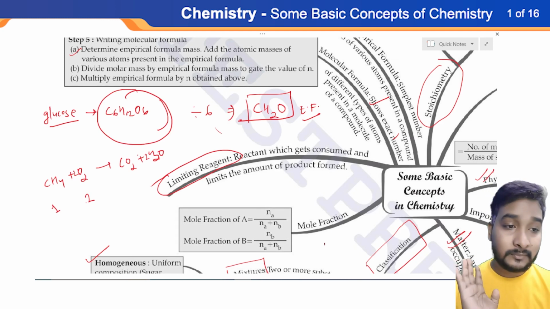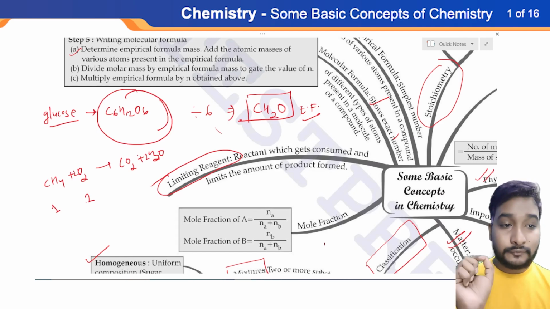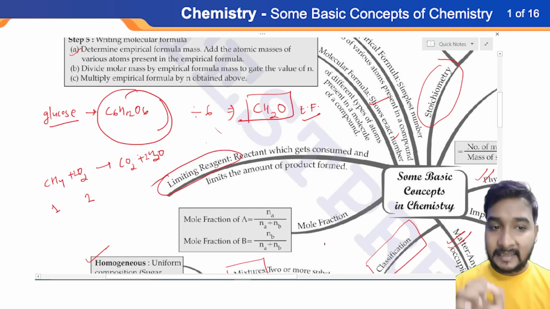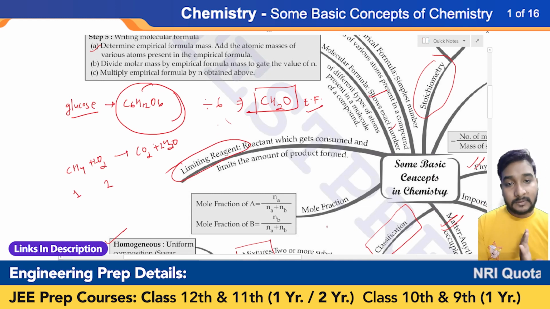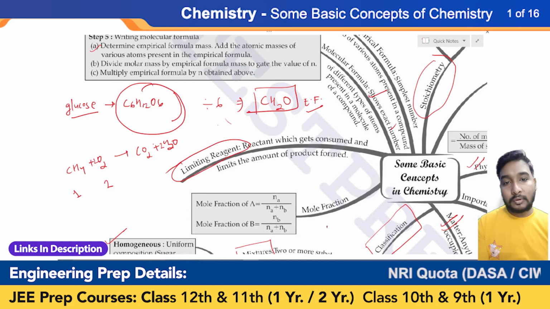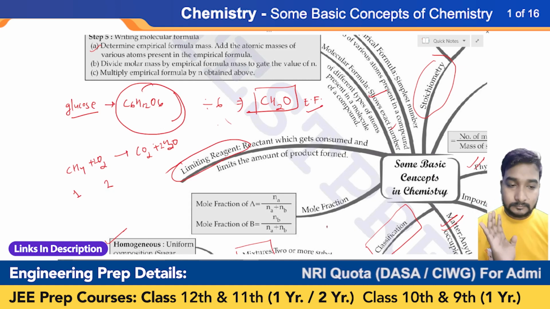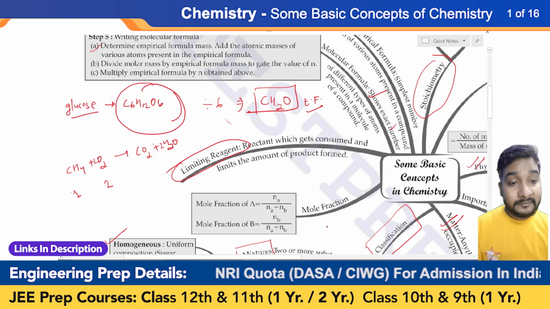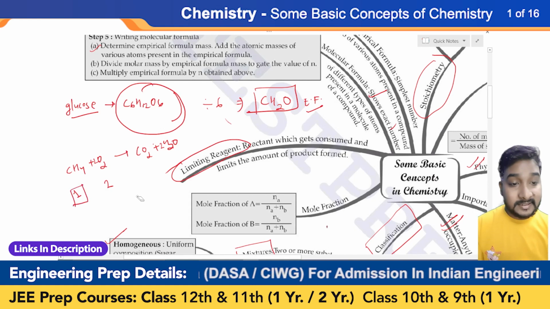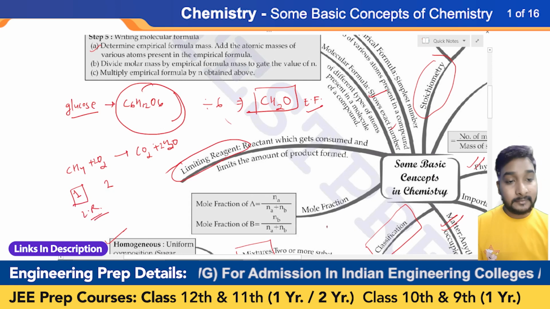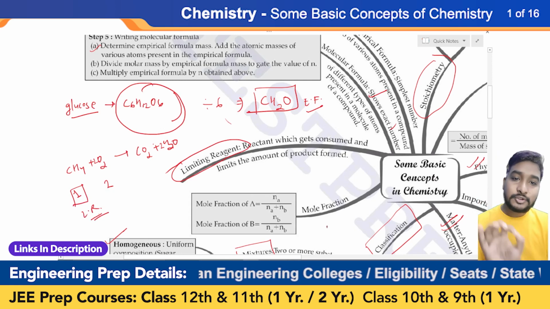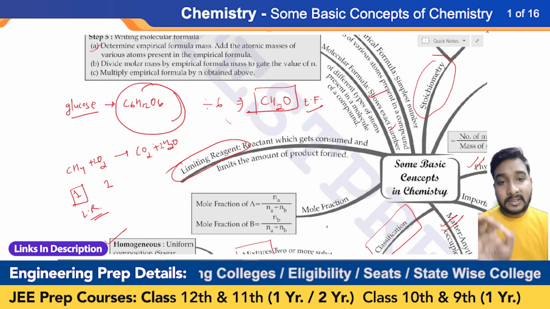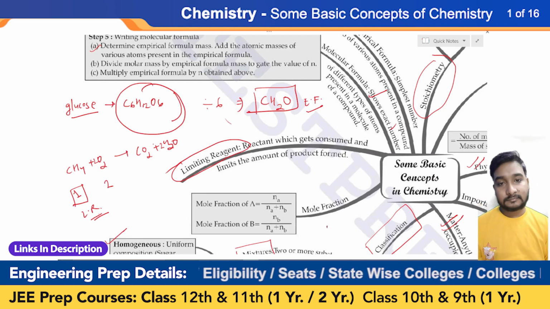So for limiting reagent, we have to focus on the reactant side, and observe which reactant has very few moles. The reactant having very few moles will be your limiting reagent. So in this reaction we have only 1 mole of CH4, so CH4 will be your limiting reagent. Now what is the function of limiting reagent? If CH4 is consumed completely, the reaction will stop at the same time.